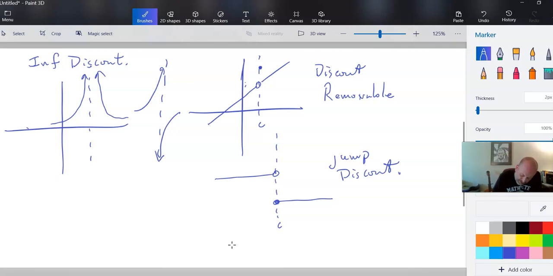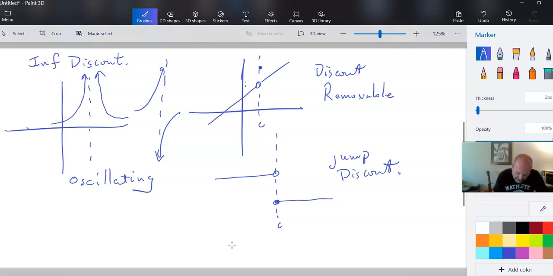Let's see. Oh, and then the last one is the oscillating discontinuity. Now, these are weird. We're going to see some of these from time to time, but usually they're given as counterexamples to things.